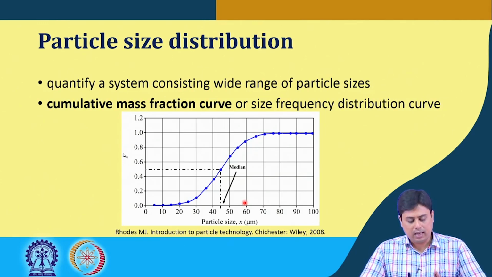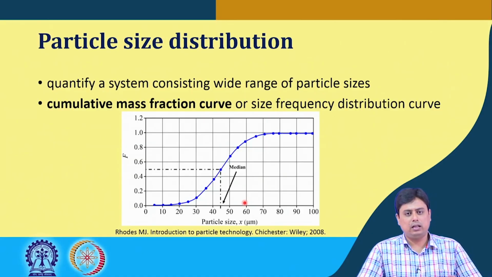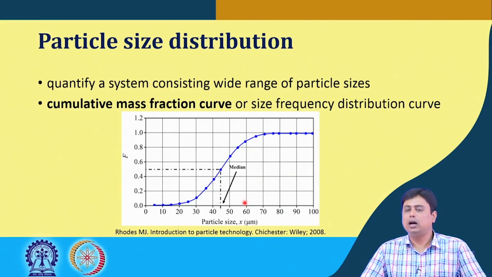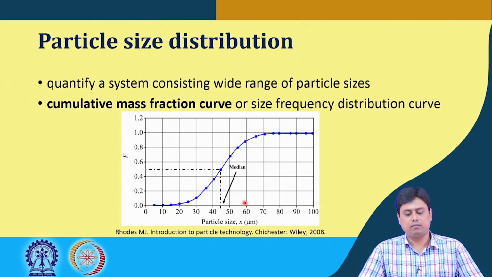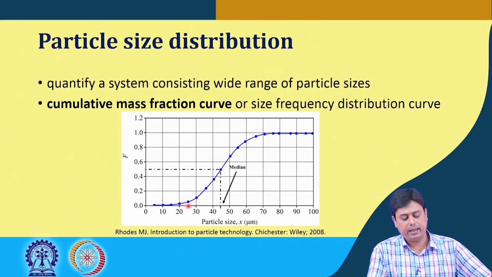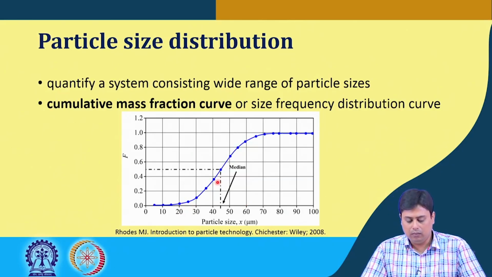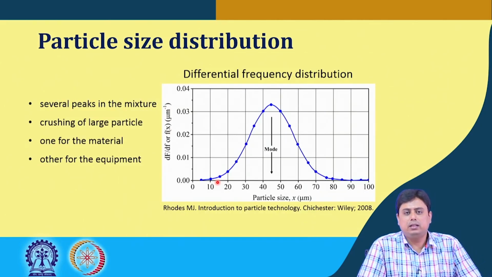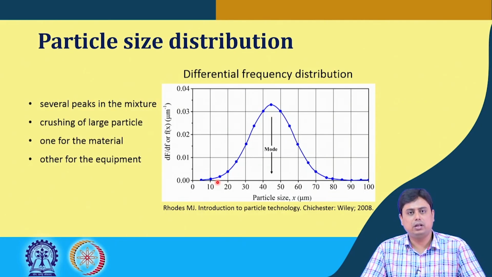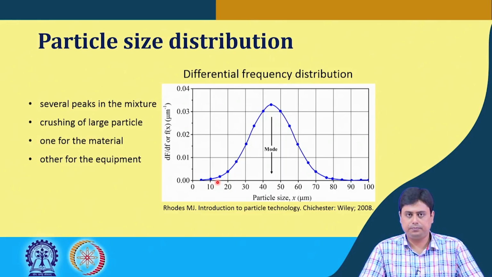Such a plot is called the cumulative mass fraction curve, or the size frequency based on cumulative mass fraction. The other size frequency arises when we take the slope at each point of this curve and plot it, which is called the differential frequency distribution.